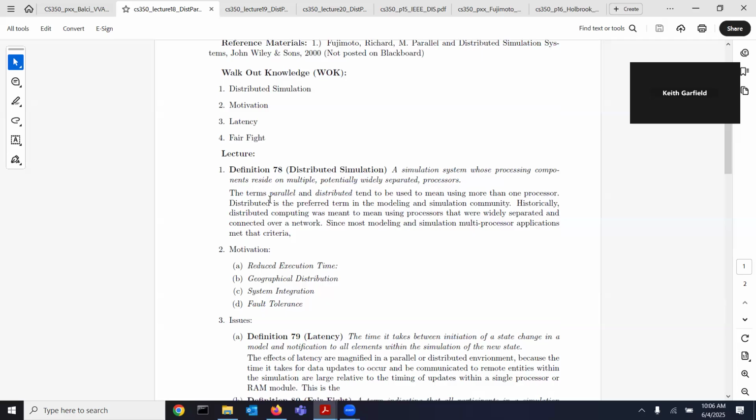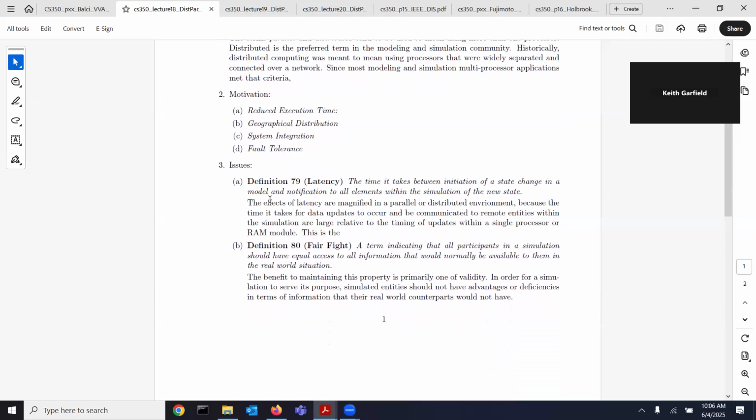So here's our motivation, but here's our issues: latency and what we call fair fight. A fair fight is a result of the latency. Latency means that there is a delay between the time when you do something or request an action to be performed and the time that that action shows up in your portion of the simulation. Remember, in a distributed simulation, you have on your local machine a portion of the computation.